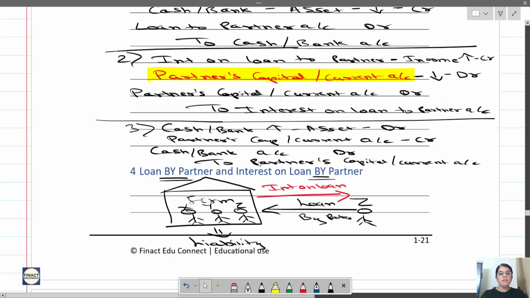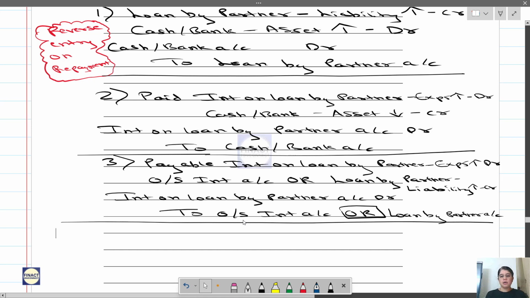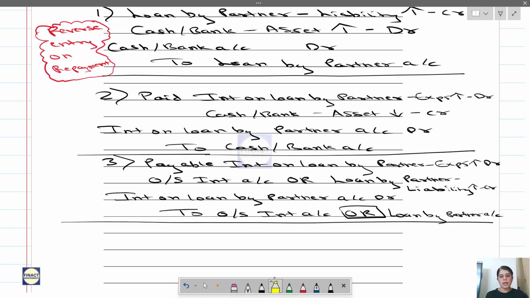Same thing we are not going to do here. Remember this. You can highlight this. This is a little different. We are creating a separate liability account. You can write: not partner's capital or current account.